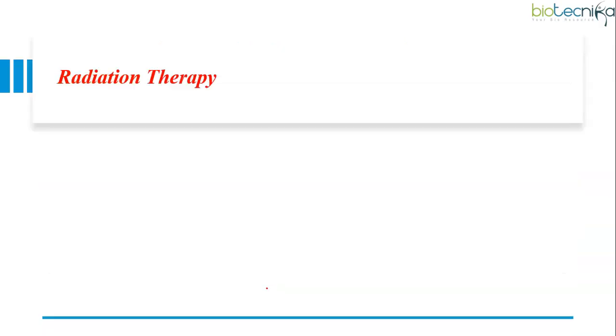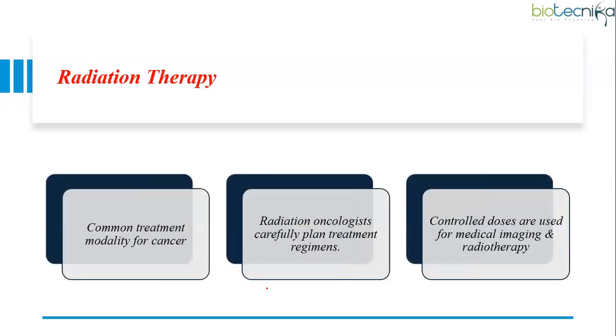Now, it's not that radiations have the harmful effect only. Even controlled doses of radiations are used for medical imaging and radiotherapy. Most commonly, ionizing radiations are used for treatment of cancer. Ionizing radiation is used to kill cancer cells or inhibit their growth.